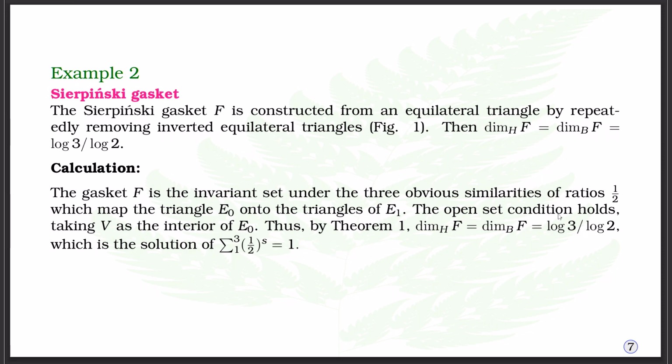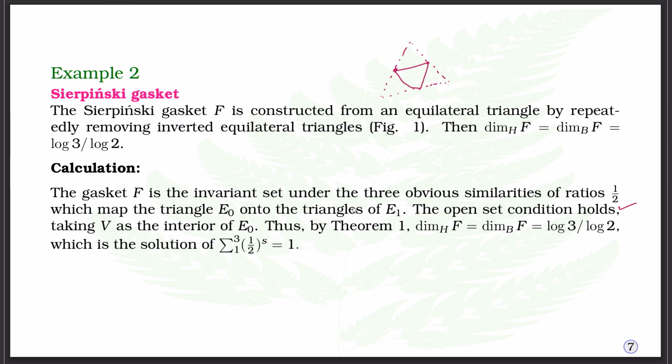The open set condition holds, taking V as the interior of E0, because while constructing the Sierpinski gasket, we remove the interior. Now, we take this interior as V, then it will satisfy the open set condition.